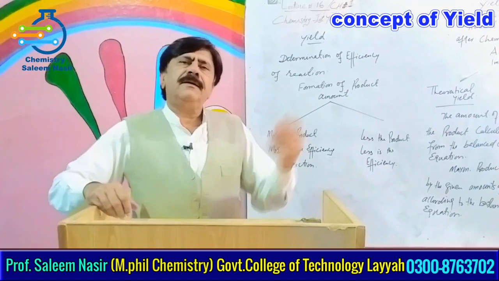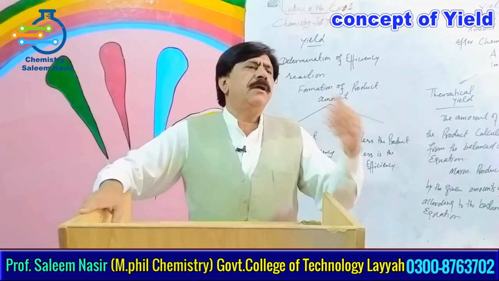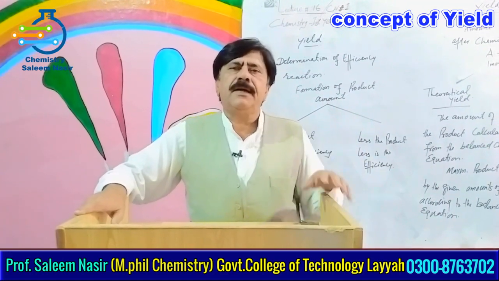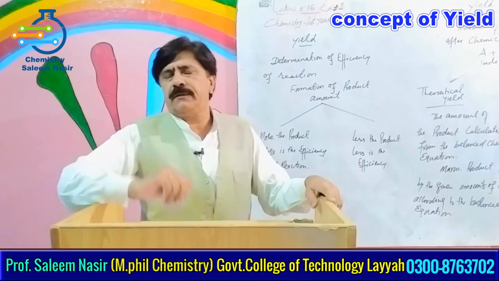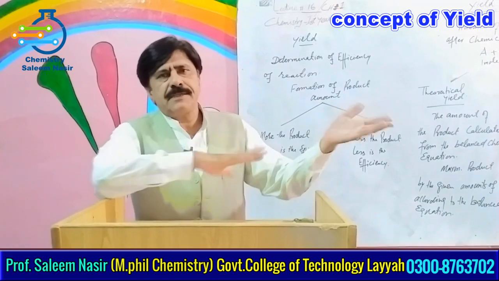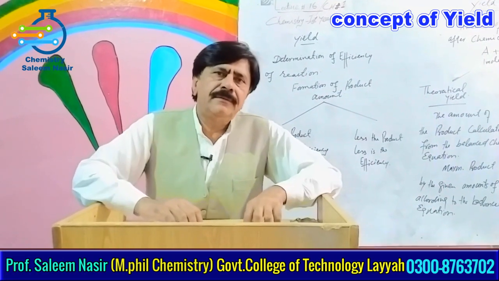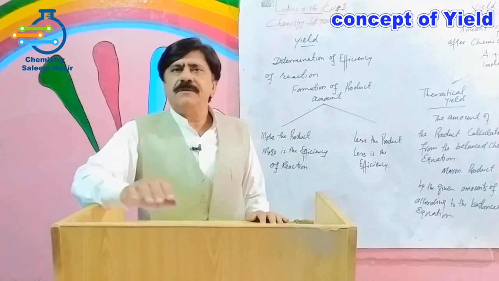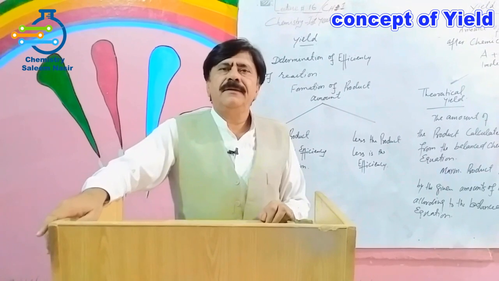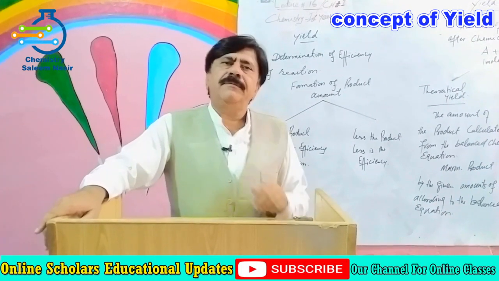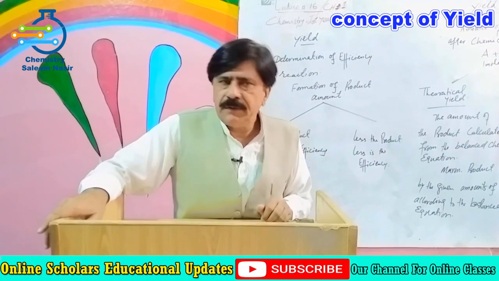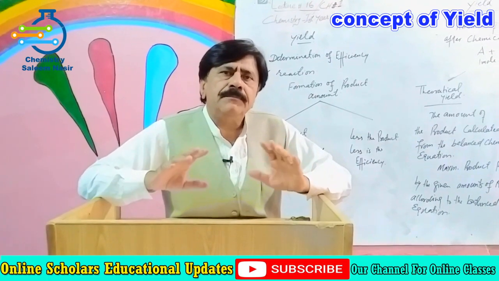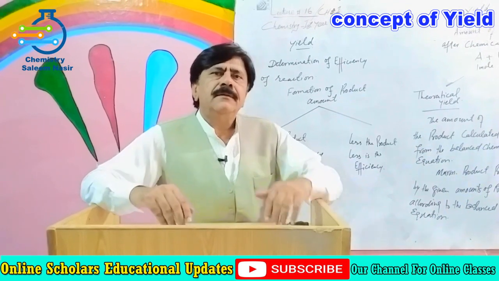One is the expectation of that reaction, by fulfilling all the conditions of the reaction to produce the maximum product, and the reaction is carried on and the product is formed. The chemist notices that I have put in that amount of the reactants and my expected amount is that.